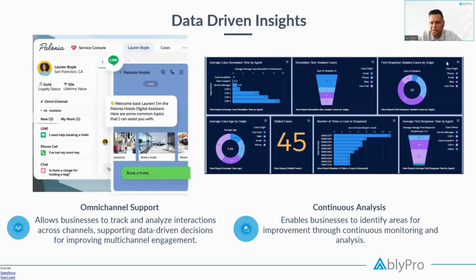So as you can see here, we have average case resolution by an agent, resolution time, violated cases where they've taken longer than expected, first response, a violated case by origin, and you have it broken down by the different channels, average case by age, by origin, and then we have stall cases, 45 cases.